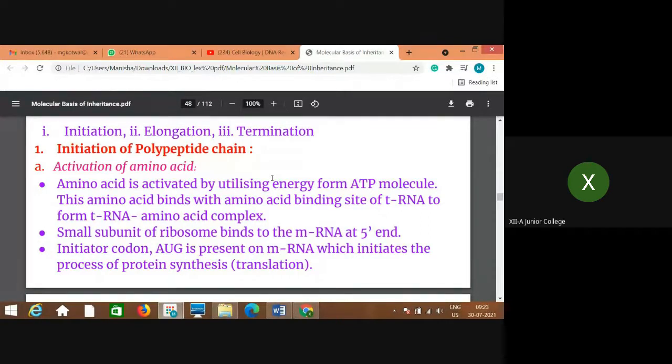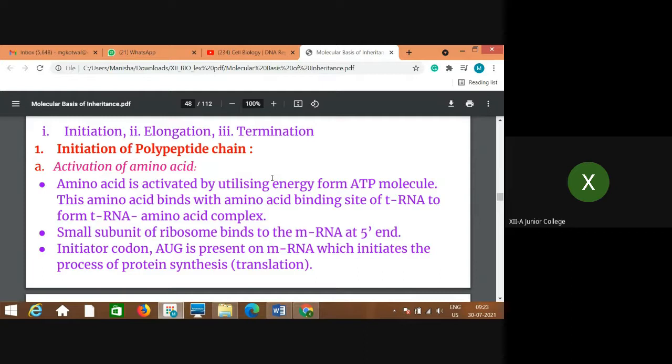And this amino acid binds with the amino acid binding site of tRNA to form the tRNA amino acid complex. Now, I showed you in the video, you observed how this amino acid gets attached to the 3' end, and in the previous diagram also I showed you the AA site, that is the amino acid site, that is the 3' end.